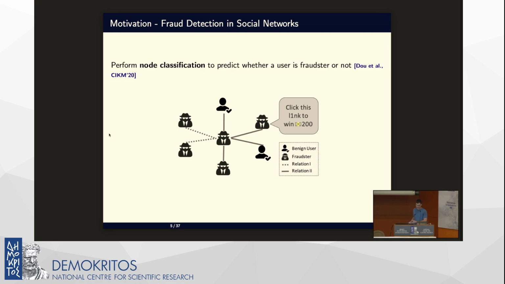And in such kind of networks, we would like to have some model to identify whether a node is fraudulent or not. And for this task, we could use node classification algorithms. So an algorithm that, given a node, can tell us whether it's a fraudulent user or a benign user. And this is, of course, a node-level task because we focus on nodes.